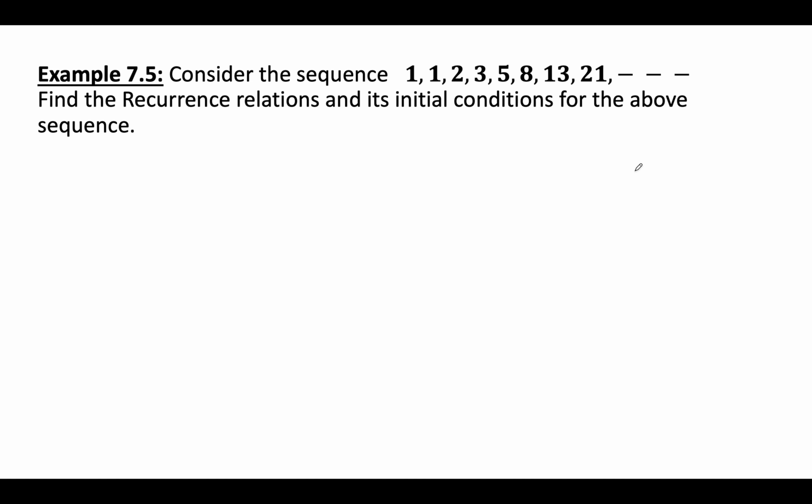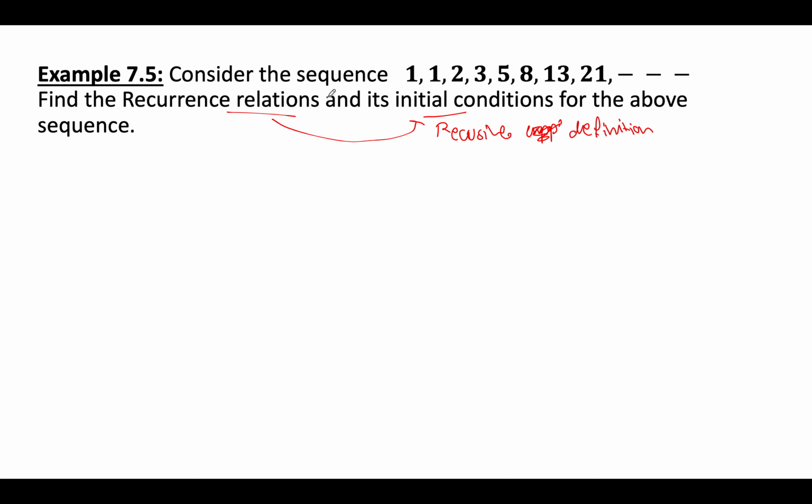Let's see this example now. Consider the sequence 1, 1, 2, 3, 5, 8, 13, 21, etc. We need to find the recurrence relation and its initial condition for the sequence. So we say that recurrence relation and initial condition give me the recursive definition.